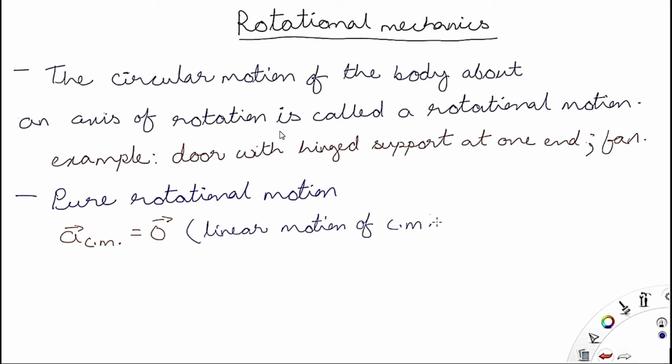For example, we have a door. The door rotates about the hinge. At one part the door is hinged and the door rotates about that hinged part. Also a fan. A fan is fixed at the center, so about the center the fan executes rotational motion.